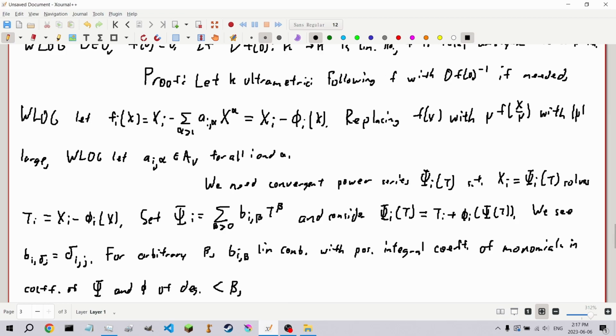With these positive integral coefficients being independent of the psi and the phi. I said those in the opposite order, but it doesn't matter.